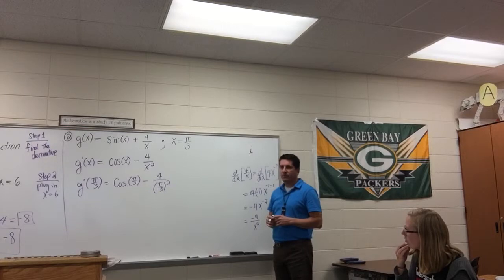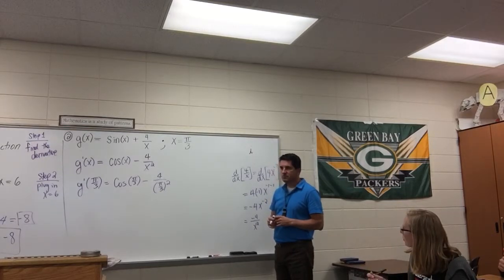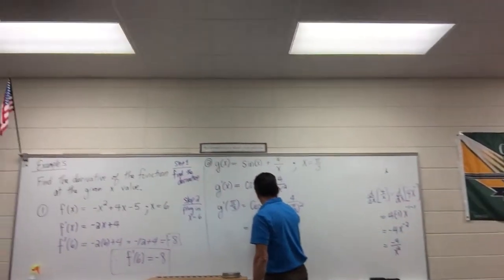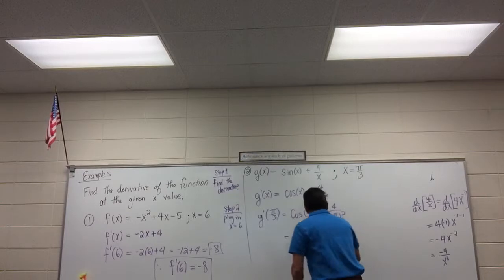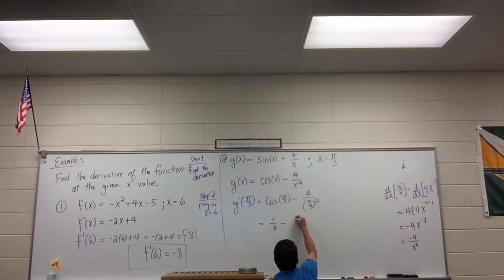Okay, cosine of pi over 3. Half. So that's a half. This one, we got to make sure we know how to clean something like this up. This one, this is how I would do it. I'd say, okay, this is pi squared over 9, because you square the top and you square the bottom.